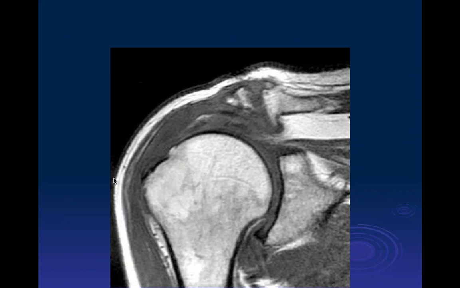This is a patient who had symptoms of impingement and had an acromioplasty. So we have a coronal T1 of the shoulder demonstrating, it looks like the distal acromion, there's a hook along the inferior aspect. This is the clavicle here, right? I'm sorry, it's distal clavicle. We're talking about acromion. The distal clavicle, is that hook there?